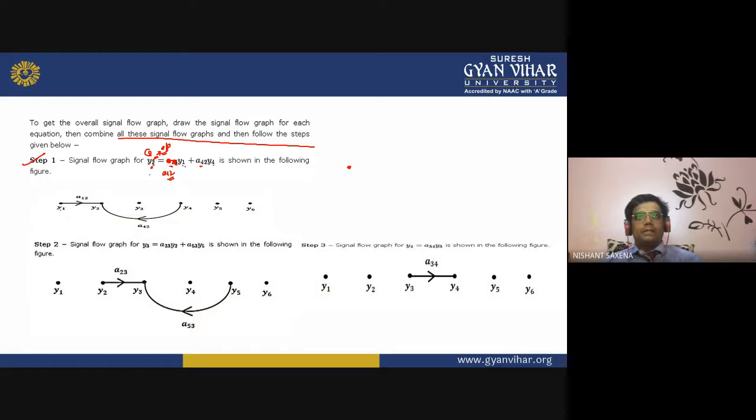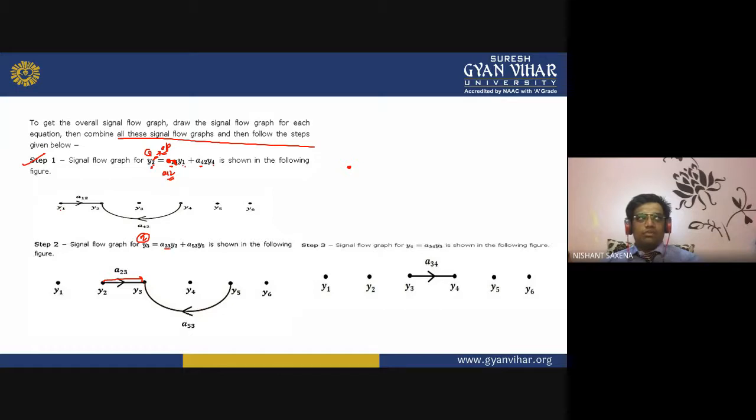Is this clear? Now, the second signal flow graph, with equation number 2, says that we have the input-output relationship for the y2 and y5 branches. Now, let's draw. Again, we have drawn all these nodes, and we can see that I have drawn a23, and we are moving from 2 to 3.